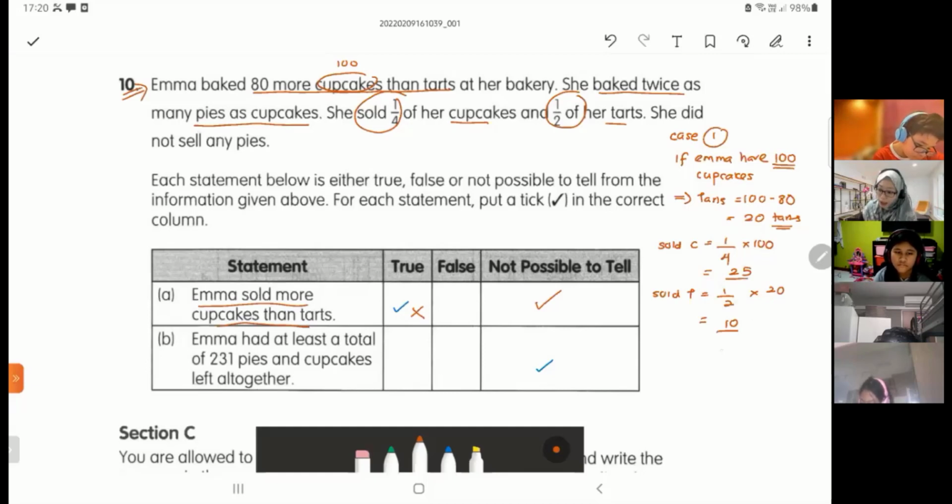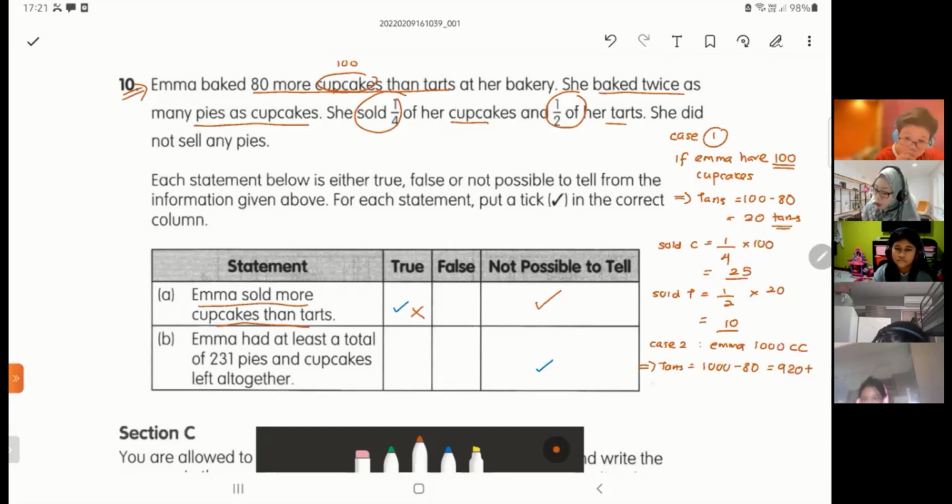This one is okay. But what if I give you another scenario? Now this is case number 2. Emma has more cupcakes, 1,000 cupcakes. If Emma has 1,000, then the tarts will be 1,000 minus 80, and I get 920 tarts.